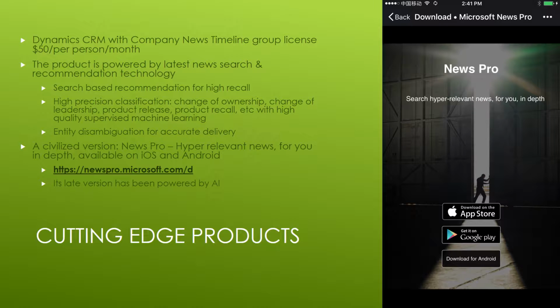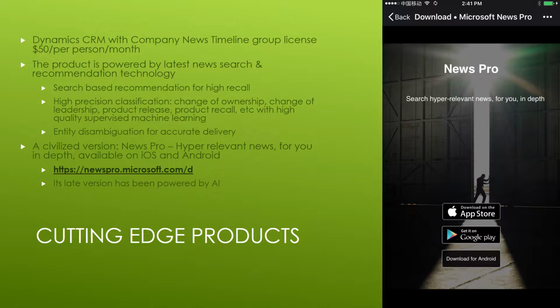The company news timeline for Dynamic CRM is a very interesting problem. Why? First, you need to nail the scalability, because we have to provide timely, fresh, authoritative news for more than 1 million companies. That's not easy.